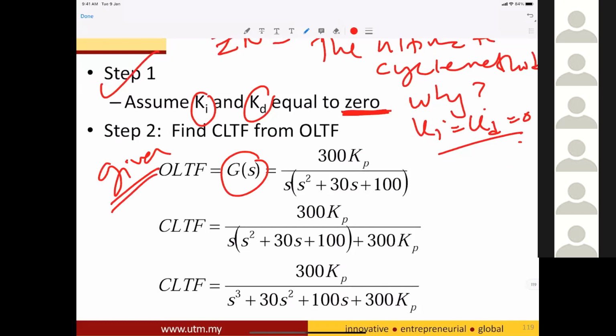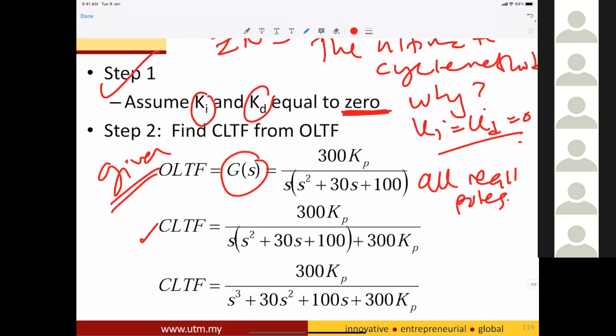Actually we have 3 real poles. There are no complex conjugate poles. All are real poles. Then we find the closed loop: 300 Kp over S divided by S square plus 30S plus 100, plus 300 Kp.